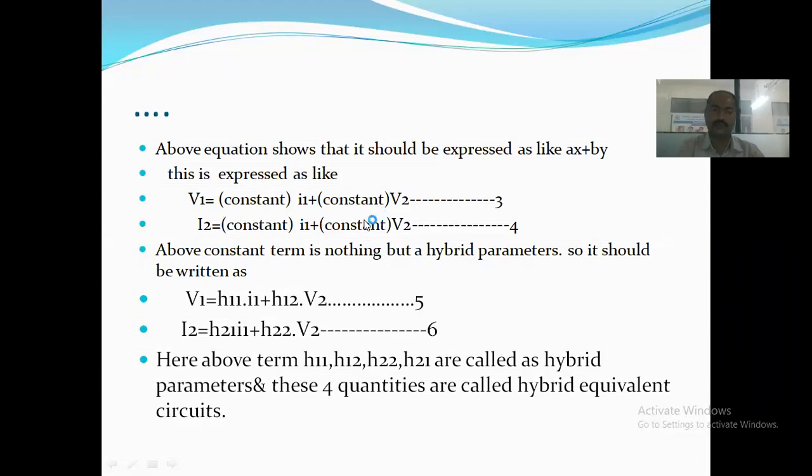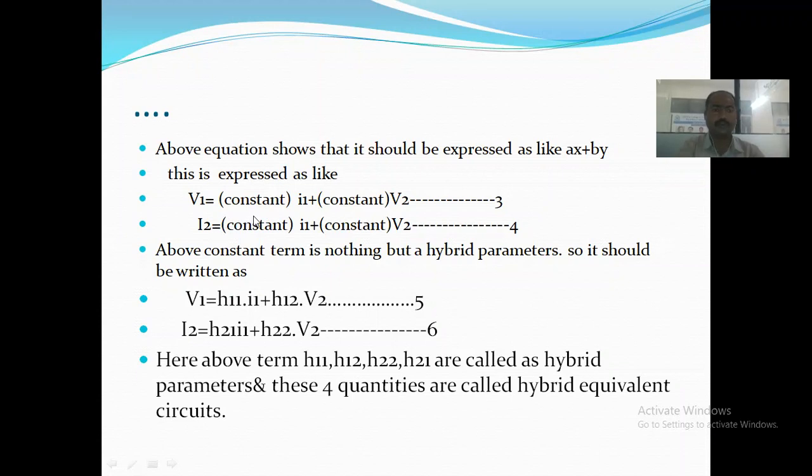Yes, sir. Okay. Another thing, I2 equals a constant of I1 plus a constant of V2. Now see, the constant term is a hybrid thing, so we write it as H here and H here. But these terms are with respect to your output, right?